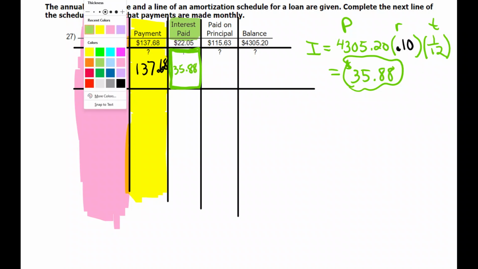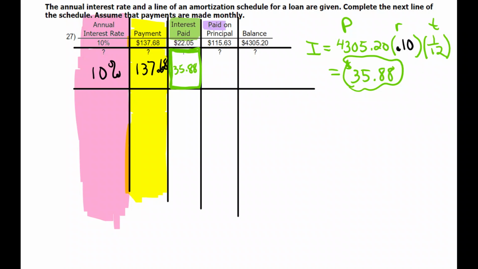$35.88. Now, to get the next line, the paid on principal, all you have to do is take the payment that you sent in, the $137.68, and subtract the amount of interest that they're going to keep.